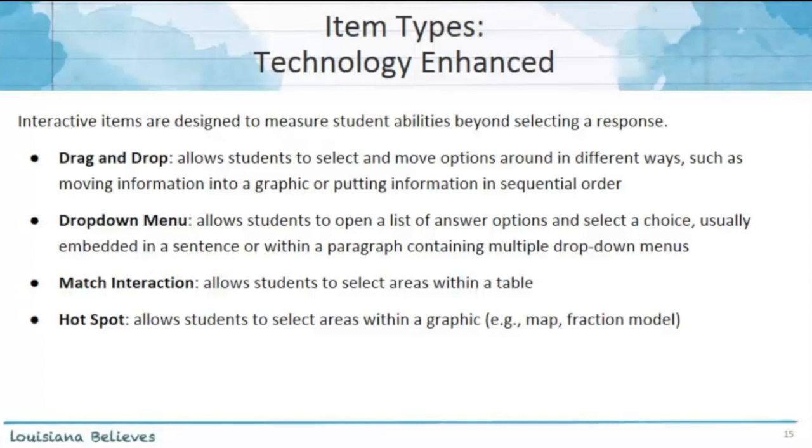Match interaction, where they put something somewhere in a table. And a hot spot, where they find something within the graphic. Now, the problem is that students taking the grade 3 and 4 paper test don't have these items. Well, let me back up. They have these items, but they're not technology enhanced because we can't do that on paper. They will have the question, but they have to answer it in a different way than online.